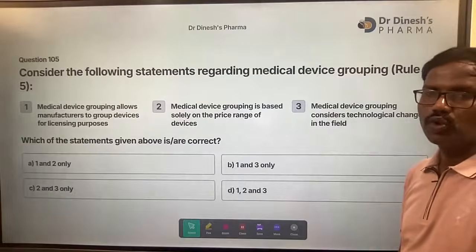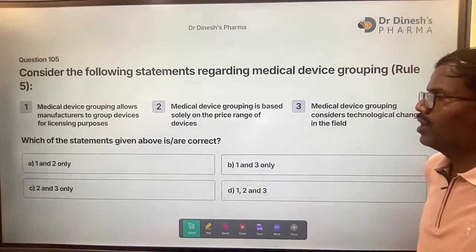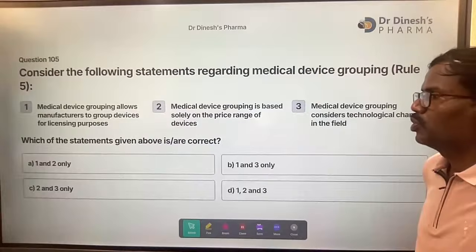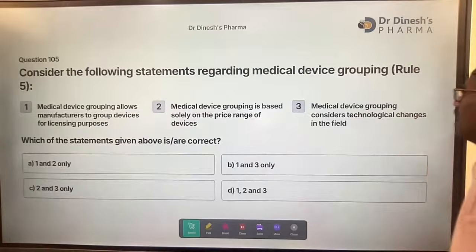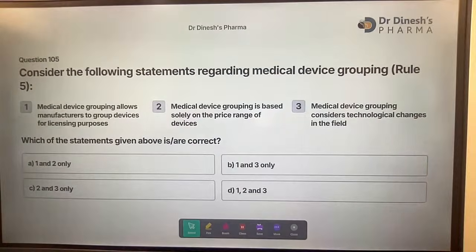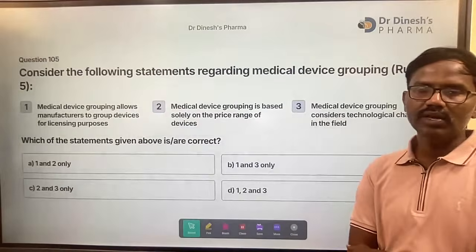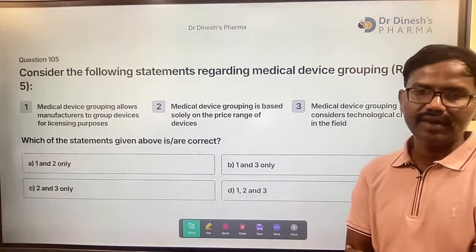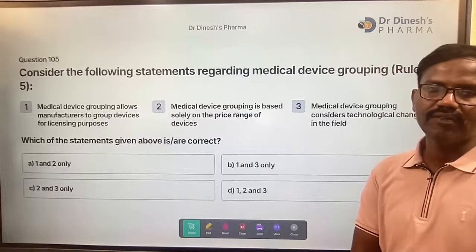How to group medical devices. Okay. Medical device grouping allows manufacturers to group devices for licensing purpose based solely on the price range of devices, and medical device grouping considers technological changes in the field. Yeah. How we will group, why we will group the medical devices. It is explained in Rule number 5.